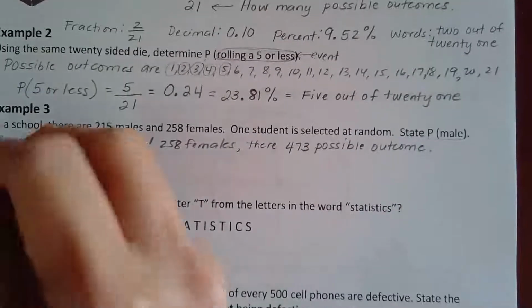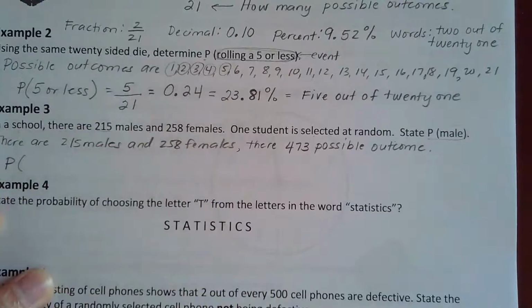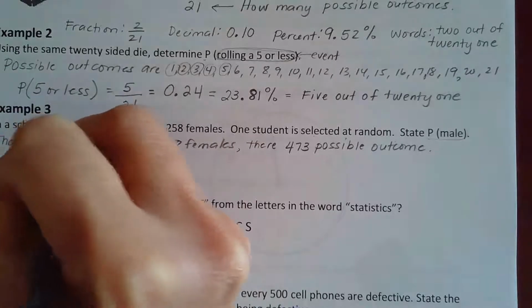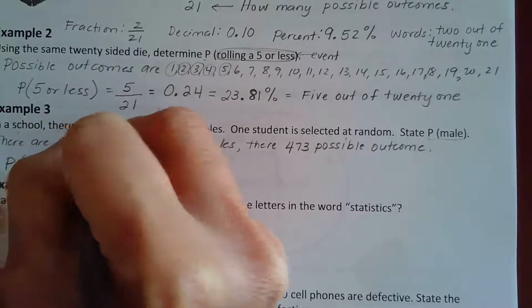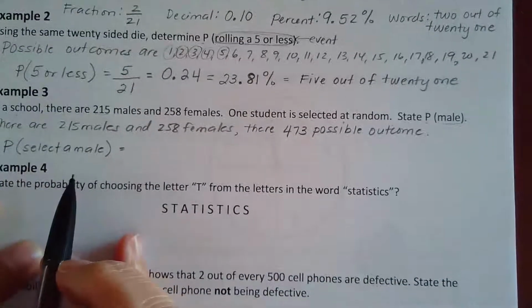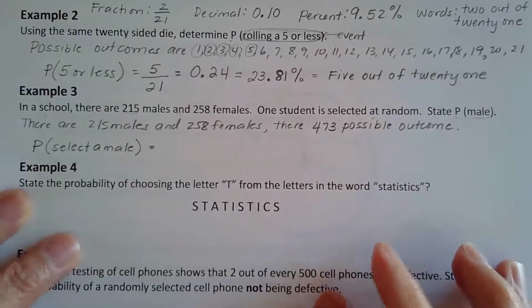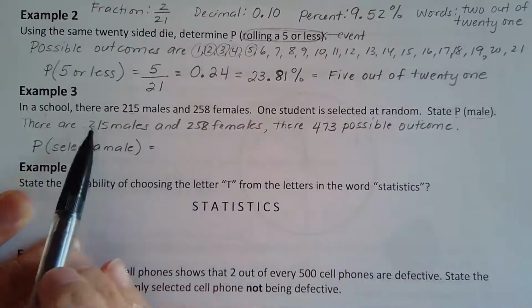So what is the probability that we're going to select a male student? What is the chance that we're going to select a male student? Well, how many males are there?